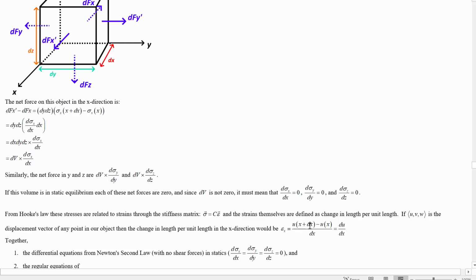We take the displacement of the front face minus the displacement of the back face to get the length change, and you divide that by the original length, dx. So there we have the strain.